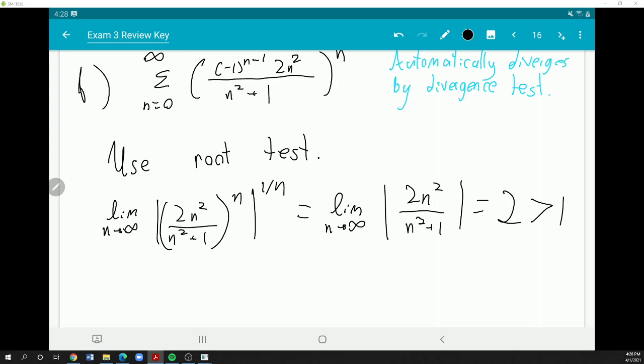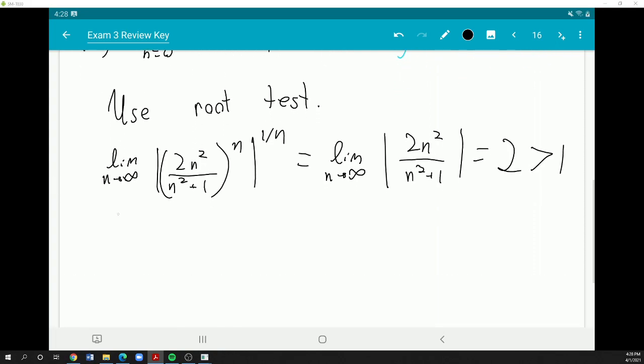That's strictly bigger than 1. And the root test actually knows what to do here. Since it's bigger than 1, the series diverges. So usually if you're vigilant, you don't actually have to use the root test to say something diverges. But just in case you forget, if you see the n and you go for it, you're not going to do it incorrectly.